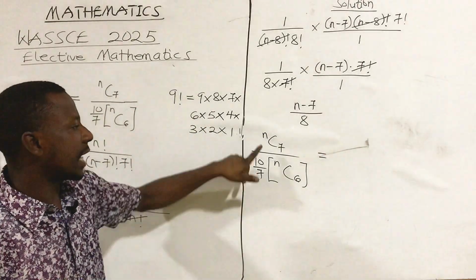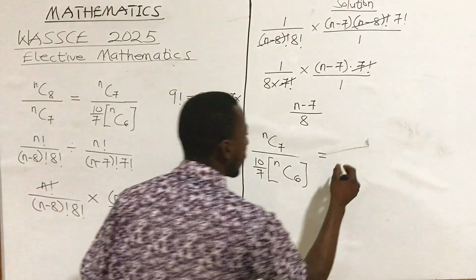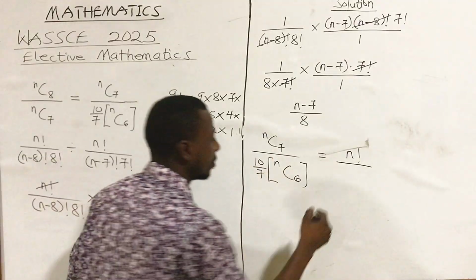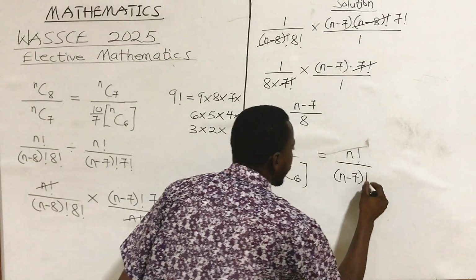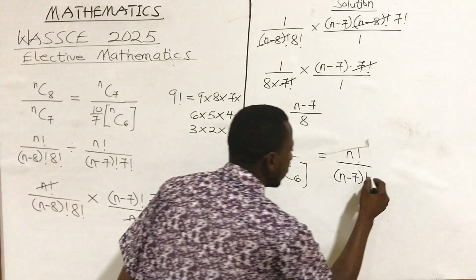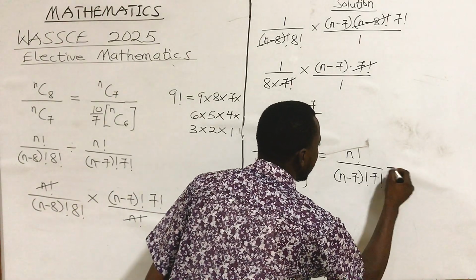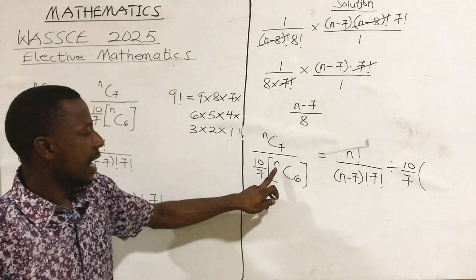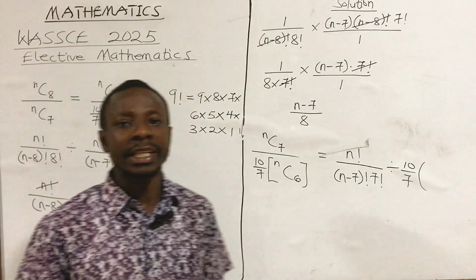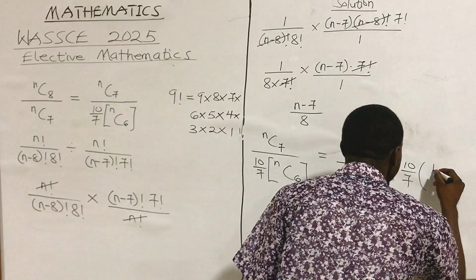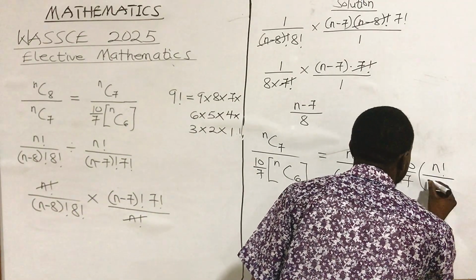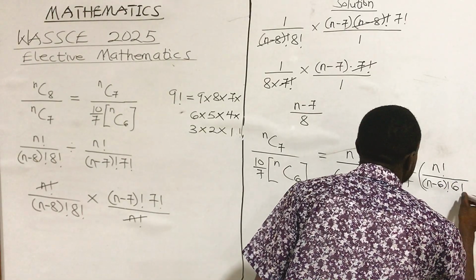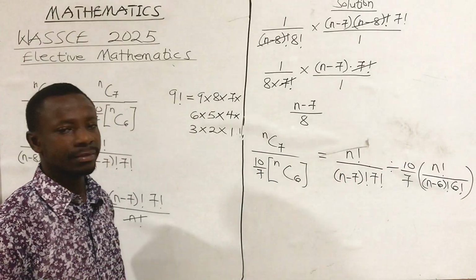Now we all know that n combination 7 is the same as n factorial over (n minus 7) factorial multiplying 7 factorial, divided by 10 over 7 into bracket n combination 6, which is also the same as n factorial over (n minus 6) factorial multiplying 6 factorial.